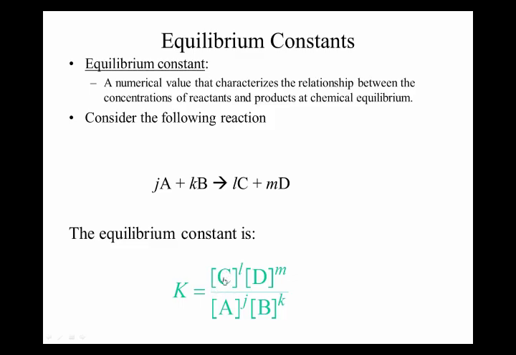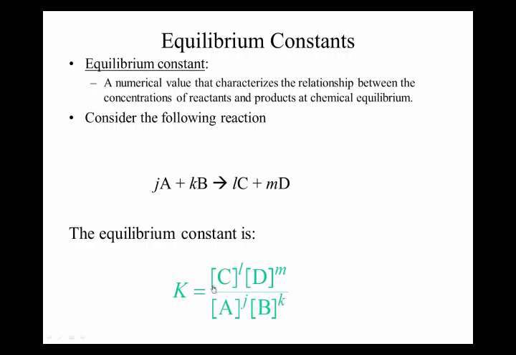So the molar concentration of C times D, but C and D are each raised to a power equal to their coefficient. So C raised to the coefficient that it has in the chemical equation, times the molar concentration of D raised to the power of its coefficient, over A, and so on and so forth.